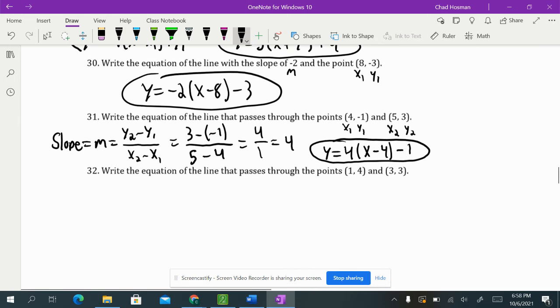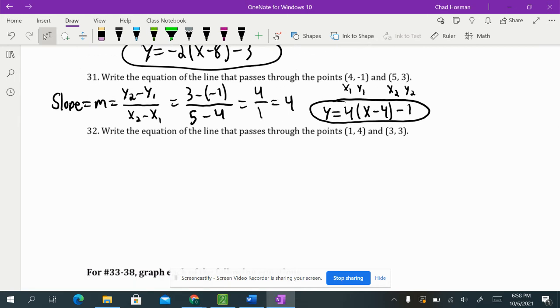So let's keep going. Let's do number 32 here. 32 is the same question, it's just with different points. So we have 1 is x1, 4 is y1, 3 is x2, and 3 is also y2. So we need to find the slope. We're going to do y2, which is 3, minus y1, which is 4, over x2, which is 3, minus x1, which is 1. 3 minus 4 is negative 1. 3 minus 1 is 2.